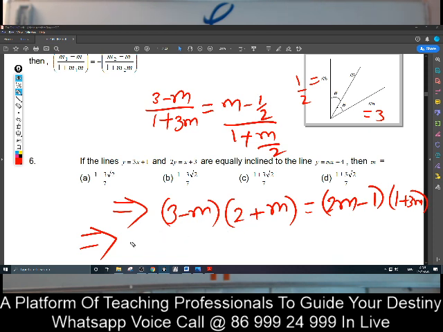Let me write that. 6 minus 2M plus 3M plus M minus M square is equal to 6M square plus 2M minus 3M minus 1. So what is it? 7M square.